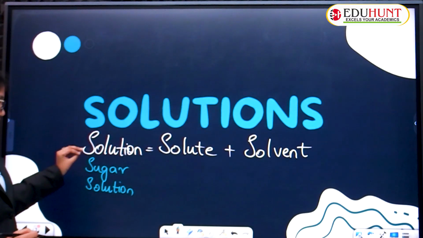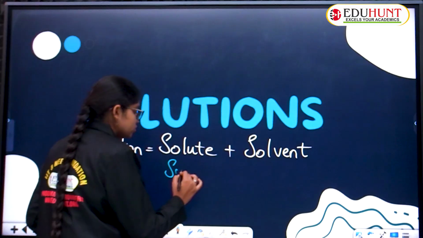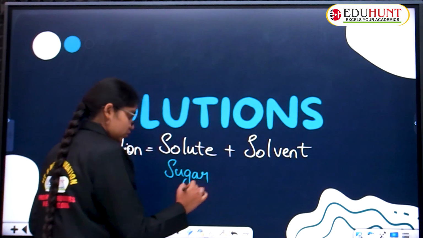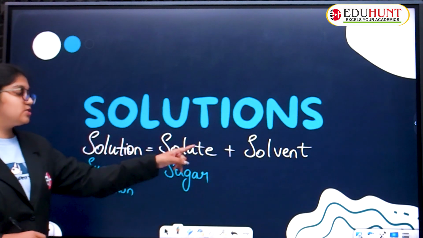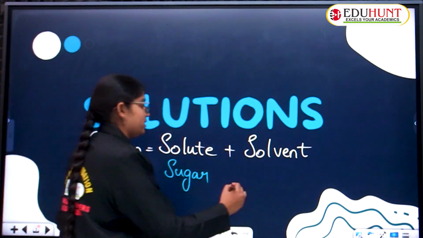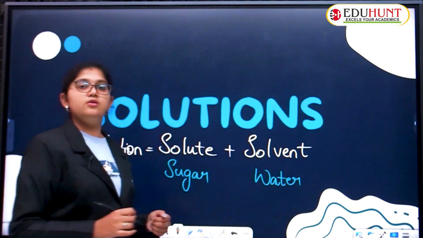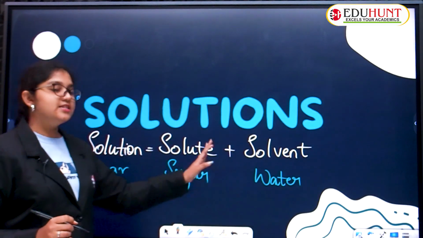In that, sugar will be an example of solute, whereas solvent is there. What is the solvent over here? Yeah, water. Very good. So the solution is a combination of both solute and solvent.